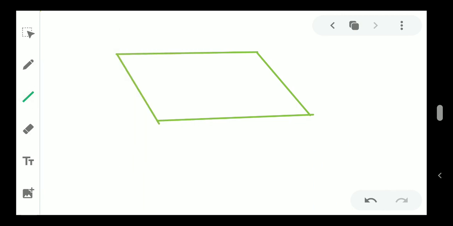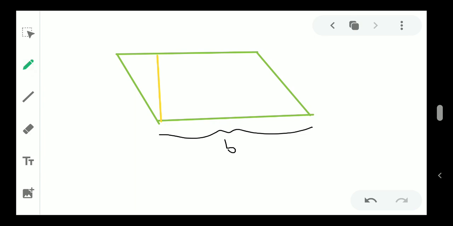Okay. So in case of a parallelogram, the main thing you have to find out is your length or your breadth or your base, whatever you say. So if this is the downside, you can say this is a base. Okay, so B, we will say B. And what you need is the height, that is your h.